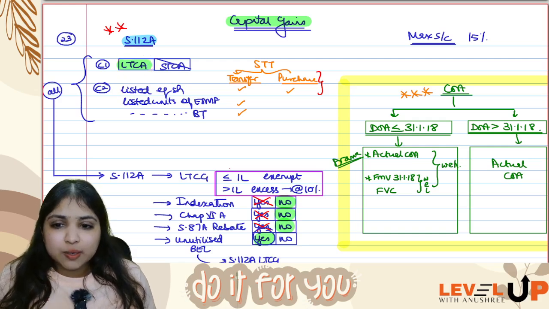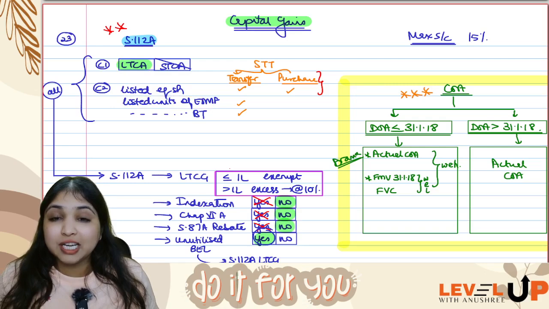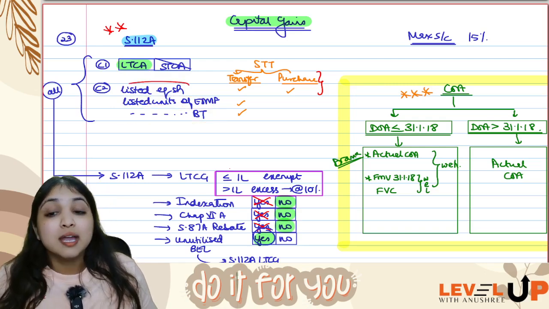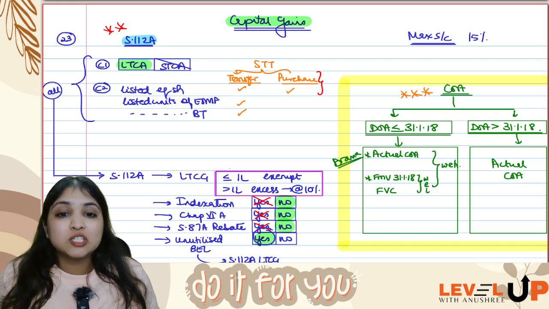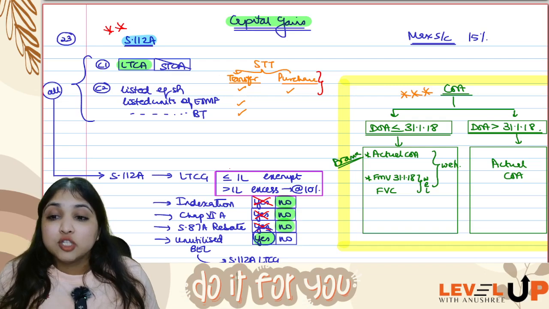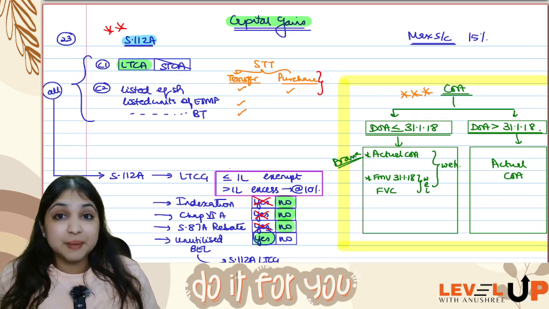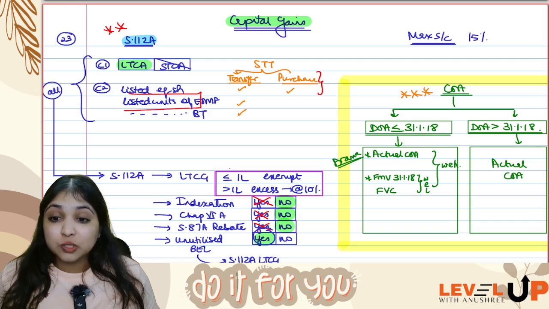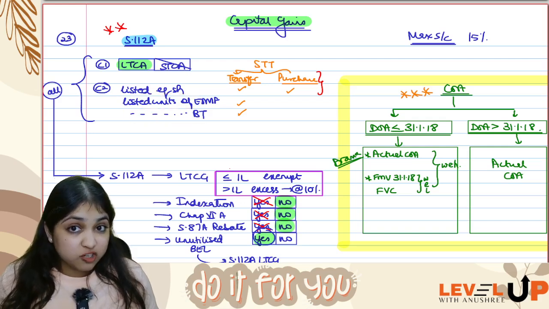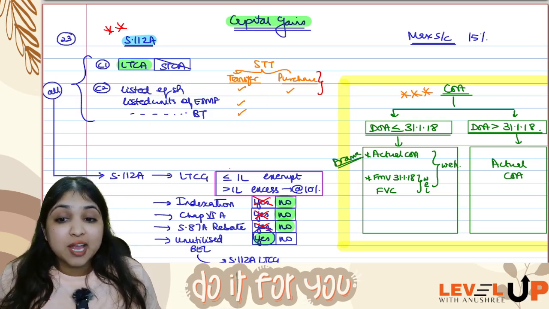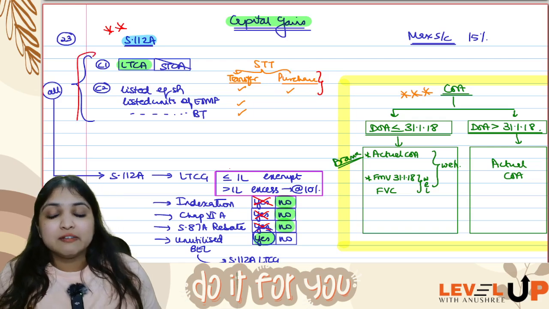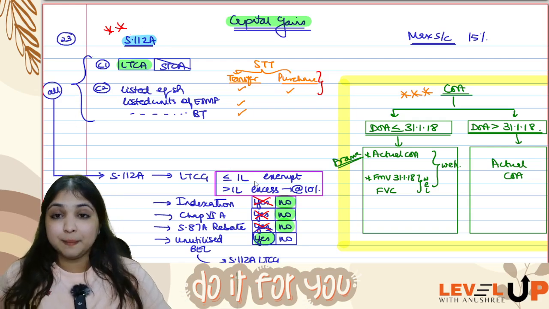They can be listed equity shares or listed units of equity-oriented mutual fund or listed units of business trust. If listed equity shares, you should have paid STT both at the time of transfer and at the time of purchase. Alright. So if it is a long-term capital asset being listed equity shares or listed units of equity oriented fund or listed units of business trust, wherein STT is paid at the time of transfer, but for shares also paid at the time of purchase, if this is the situation, 112A will apply.